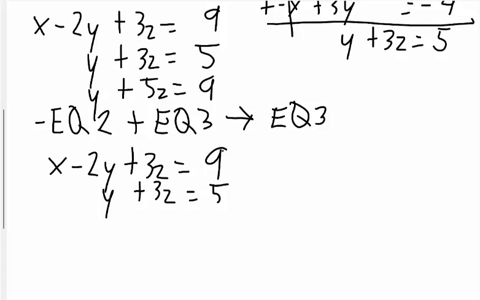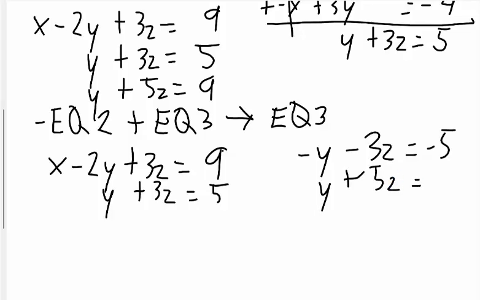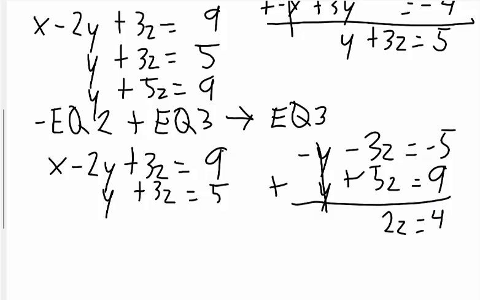Well, we're going to multiply the second one by -1, so that's negative y minus 3z equals -5, and we're going to add it to y plus 5z equals 9. If we add these, that cancels. 5 minus 3 is 2z, and 9 minus 5 is 4. So we have 2z equals 4.